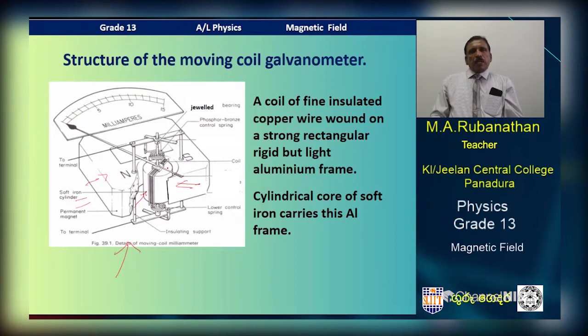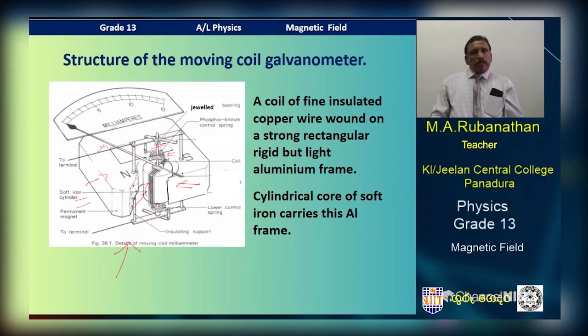This one is a coil, and the coil has N turns. This one is a pointer. And here is the control spring. Let us see it in the diagram. This is the control spring.